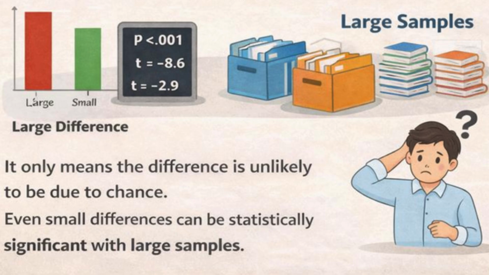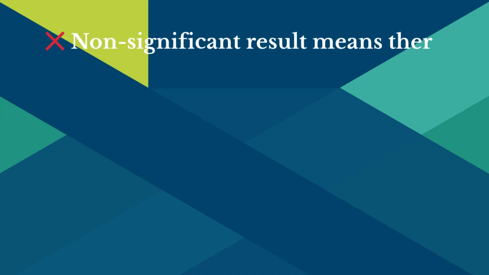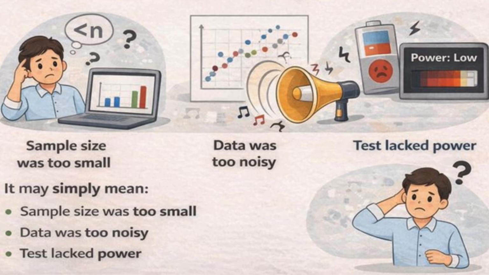No, it only means the difference is unlikely to be due to chance. Even small differences can be statistically significant with large samples. Second, a non-significant result means there is no difference. Not necessarily. It may simply mean the sample size was too small, the data was too noisy, or the test lacked power.